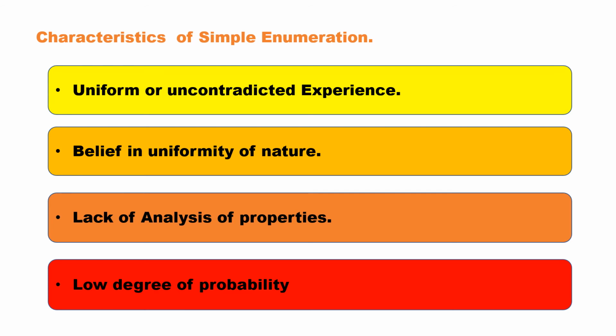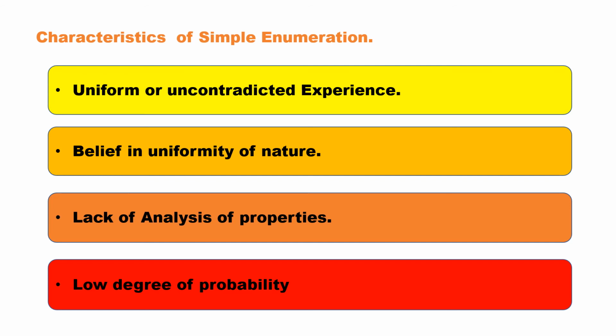That is, we take a leap in the dark, we jump from a few instances which are known and observed to all instances which are unknown or unobserved, which is technically called the inductive leap. And here we do not analyze the properties. So we have a low degree of probability.